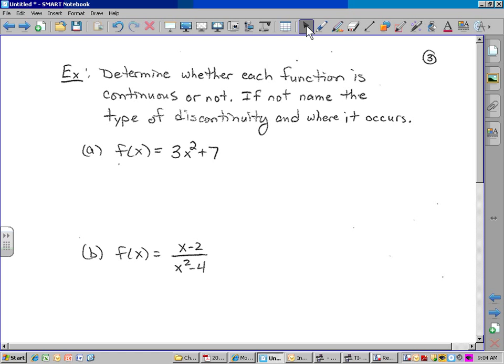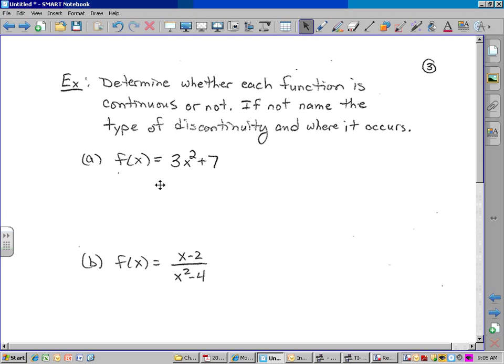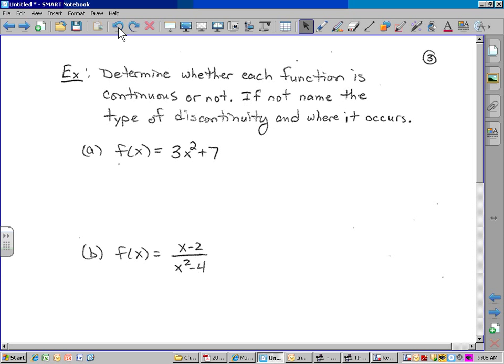There's no restrictions. We automatically write that it is continuous. That's it. There's no way that we can have the bottom be equal to 0. There's no infinite, there's no point, and it's not a special function we have to worry about jumping. So that's it, you're done.